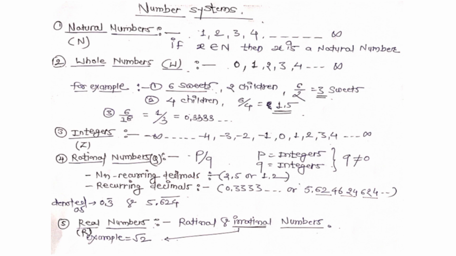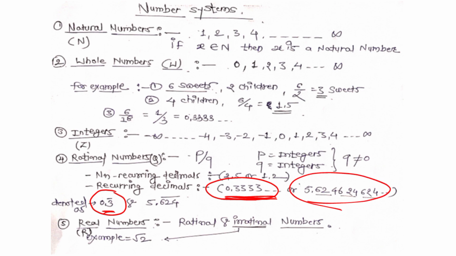But if we have a number like 0.333, where after the decimal point we have infinite, repeating digits, we say it is a recurring decimal. It can be denoted, in this case where 3 is repeating, as 0.3 with a bar on the digit 3. In the second number, 624 is repeating, so we can denote it as 5.624 with a bar, as given in this PPT.